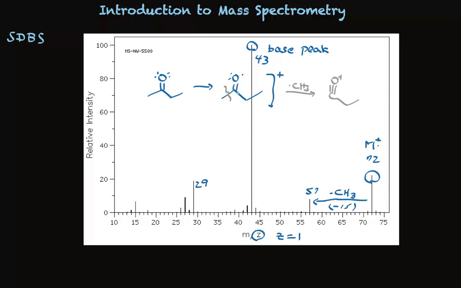We could say the same thing about the loss of an ethyl group, to form an ion that has all atoms with the filled outer shell. And this weight is 43.